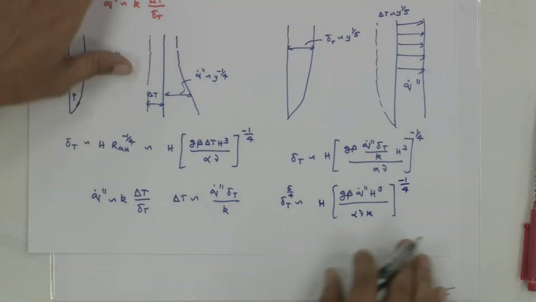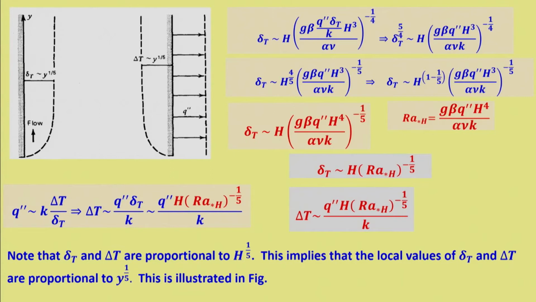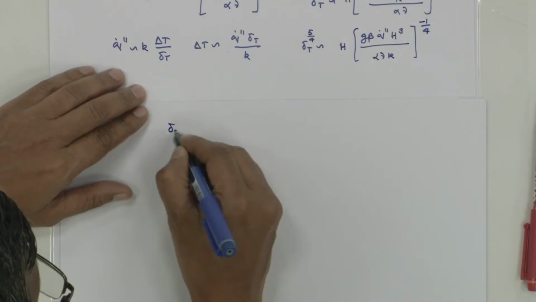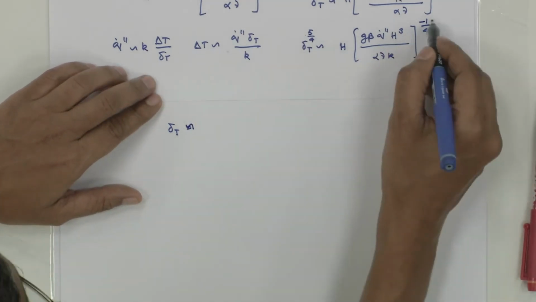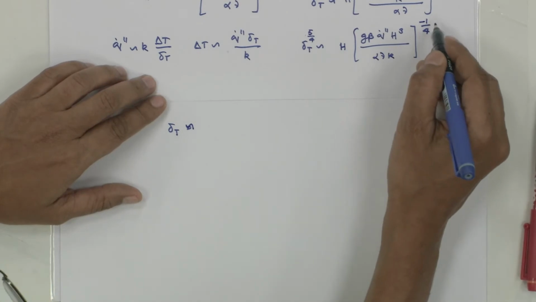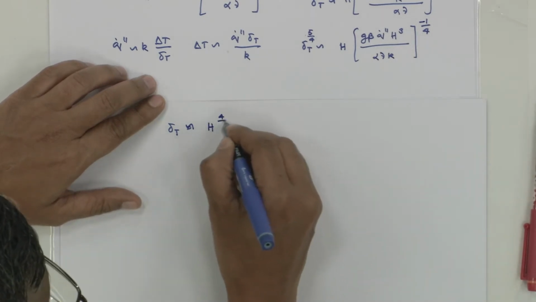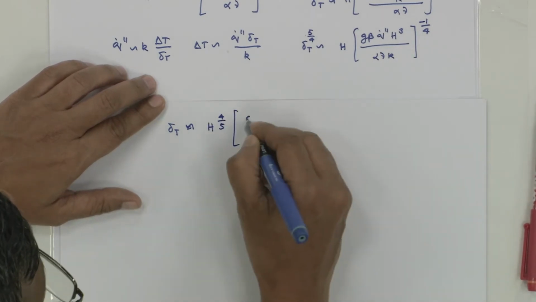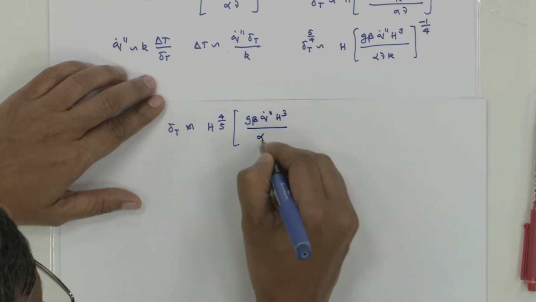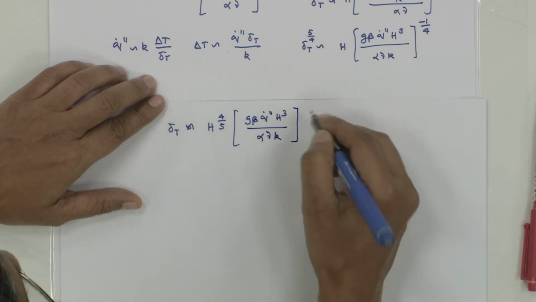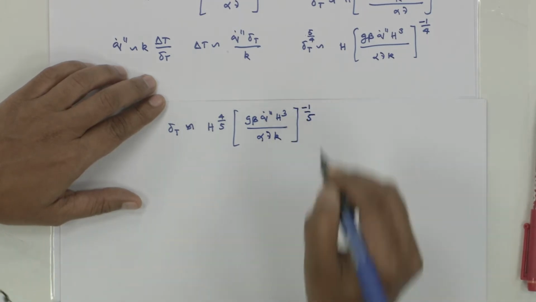So if I write for delta T, because I will take the power as, then I will have to multiply this power by 4 by 5. So H to the power of 4 by 5. So whole of this g beta Q double dash H cube upon alpha nu k is going to be to the power of minus 1 by 5.